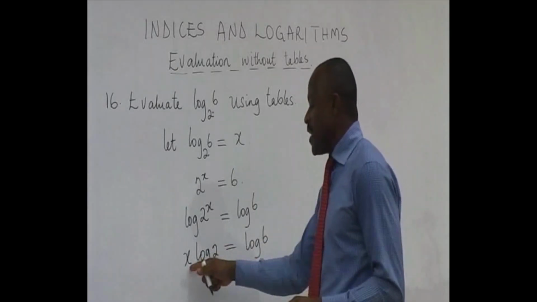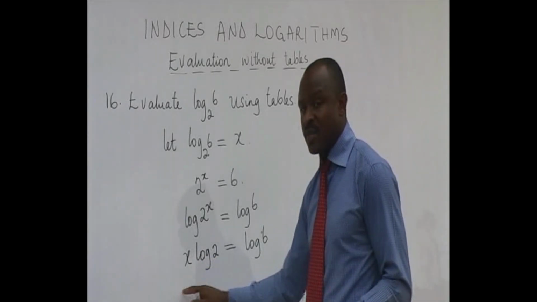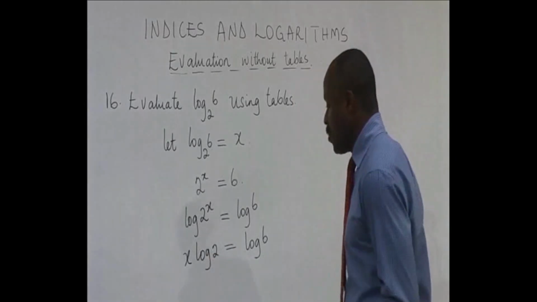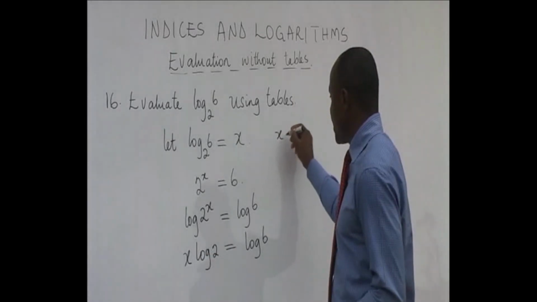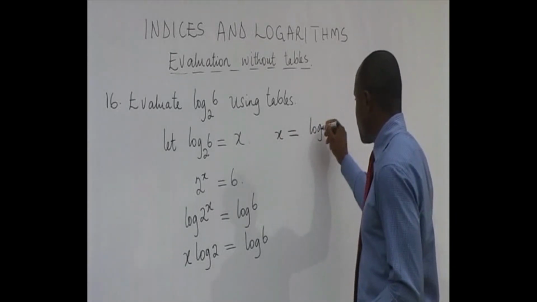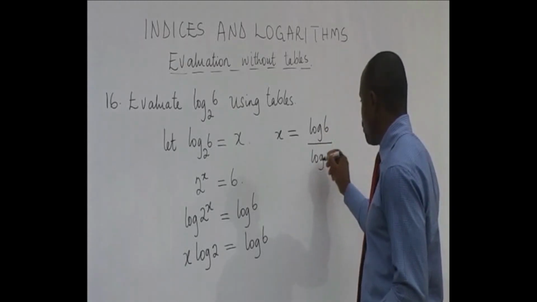If you want to have only x left in the left-hand side of the equation, that means you have to divide both sides of the equation by log 2. When you do that, you'll be left with only x in the left-hand side, and it's going to be equal to log of 6 to base 10 divided by log to base 10 of 2.